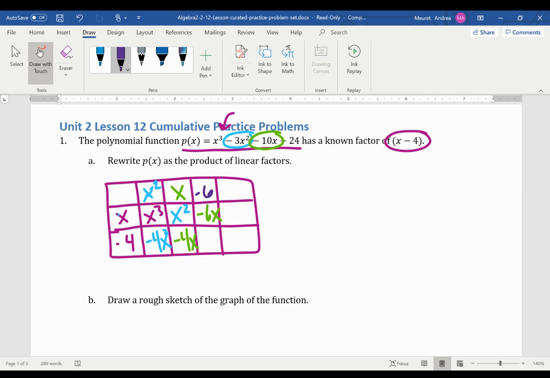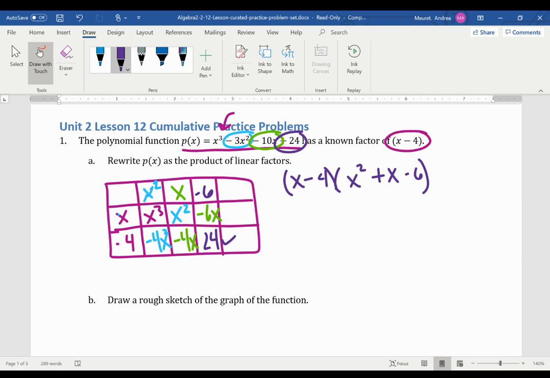And then our final check is below the negative 6x, where I put the answer to negative 6 times negative 4. That is 24, which is what it's supposed to be, and so we've done it correctly. So now I'm at the point where I know that the original equation p of x is equal to x minus 4 times x squared plus x minus 6.